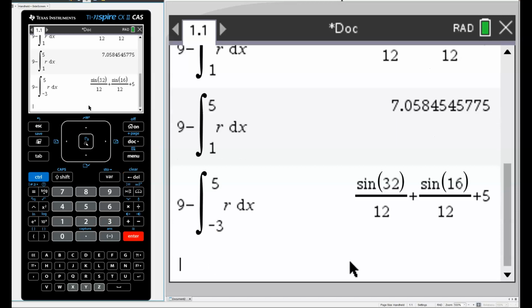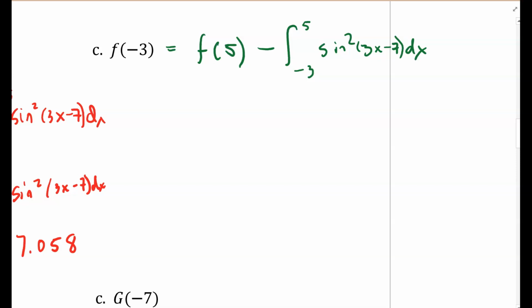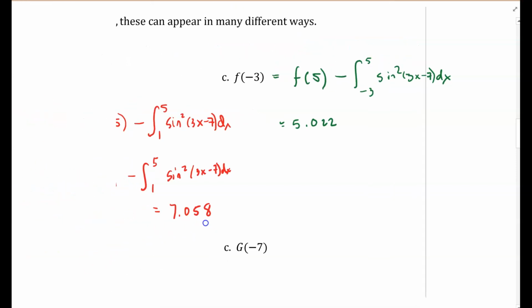Okay. So this is equal to 5.022. Okay, and there you have it.